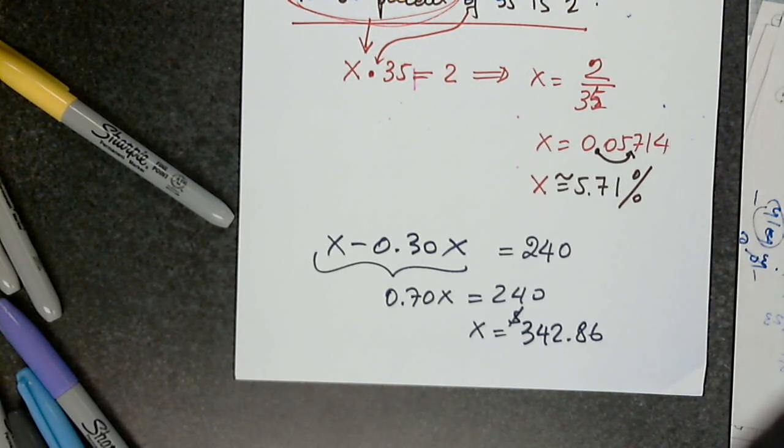So let's plug it in. 342.86 minus 0.3 times 342.86. For rounding, it may be slightly different than 240, a tiny bit, right, because of rounding. Any questions?